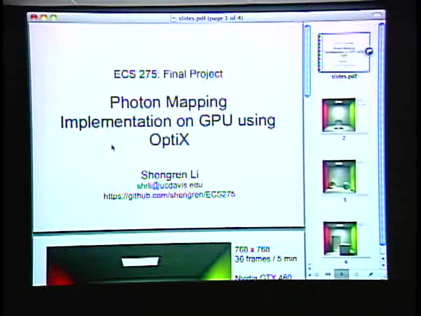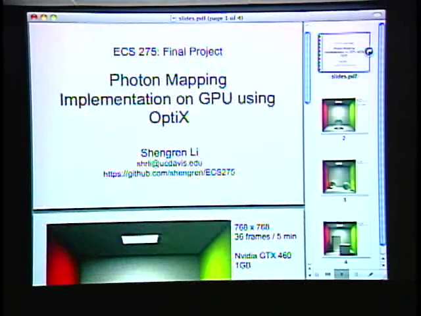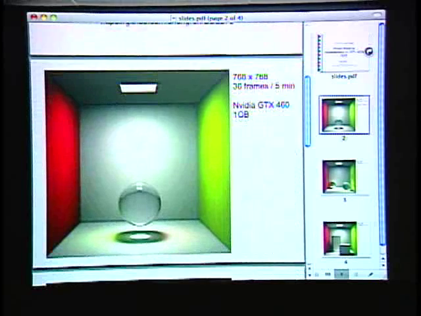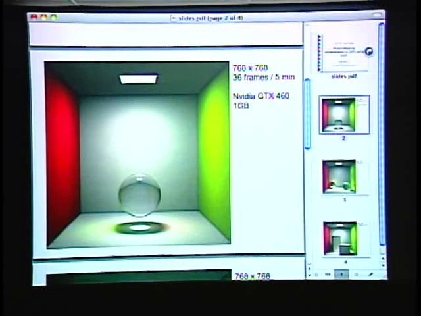Okay, I'm Shunren Lee, and I also did a project about photon mapping, and I also used OptiX, which is a ray tracing engine based on CUDA. So I followed the traditional photon mapping method, the two-pass algorithm.